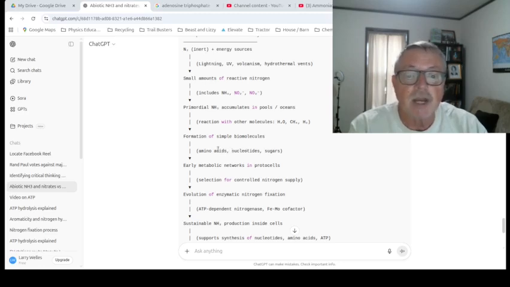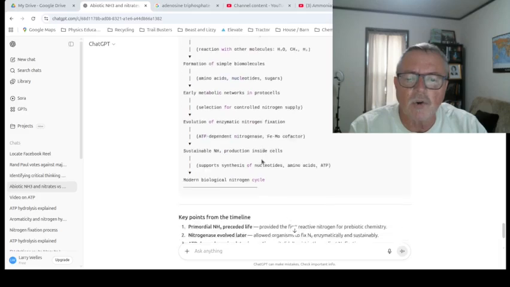But you've got to have bacteria around. Early metabolic networks in protocells. So here we're down here and things are alive. And then selection for controlled nitrogen supply. Let's scroll up here a little bit so we get the whole thing on the screen. Amino acids, nucleotides, early metabolic networks, evolution of enzymatic nitrogen fixation. Now see, I told you about that ATP.